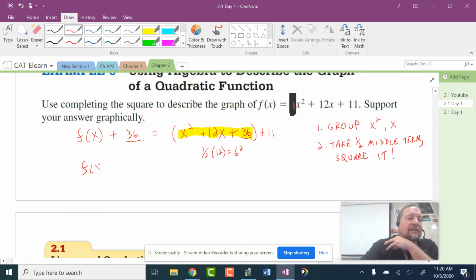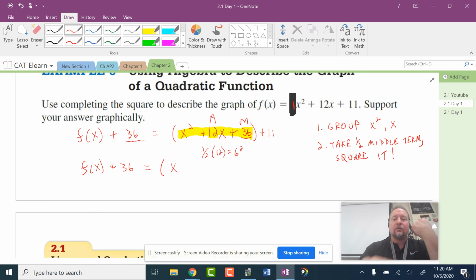And you really could skip this step or do 2 steps in one, but I'm going to write it like this. And factor this. 6 times 6 is 36. 6 plus 6 is 12. This ends up being x plus 6 times x plus 6, just like in the bell work.